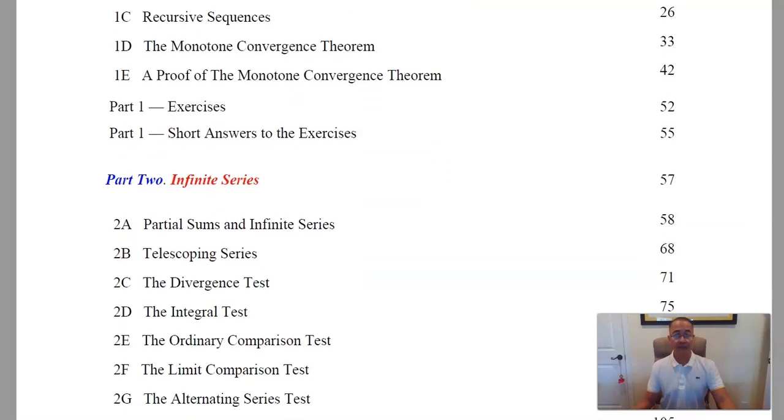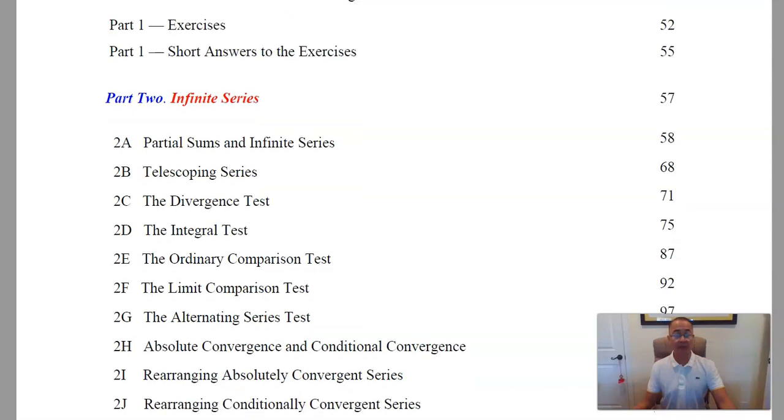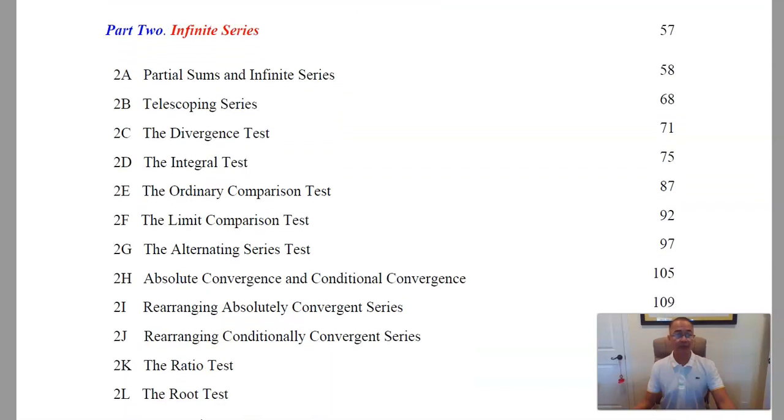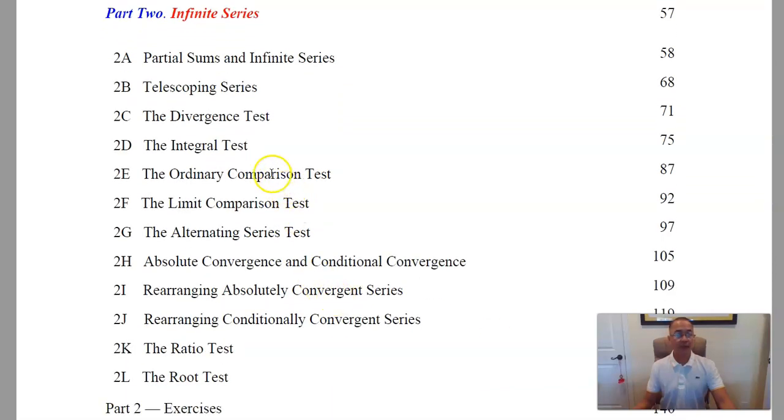infinite sequences and series talks about the concept of an infinite series. So we will talk about 7 tests that will allow us to decide whether an infinite series is convergent or divergent. So here they are: divergence test, integral test, ordinary comparison test, limit comparison test, the alternating series test, and the root and the ratio tests.